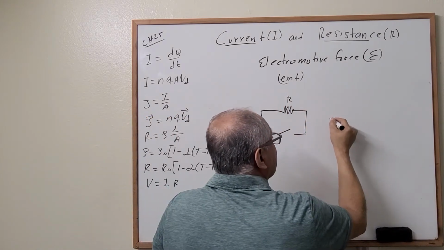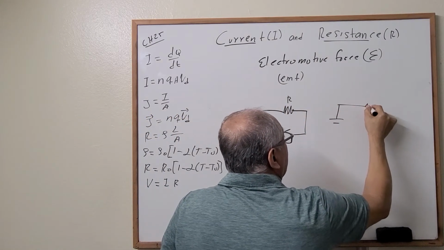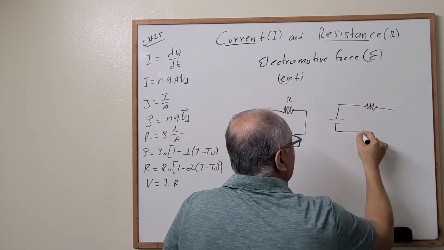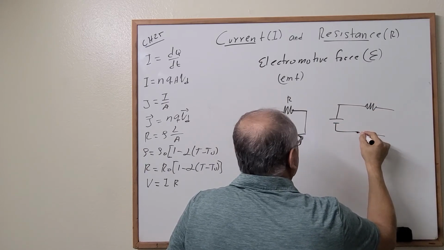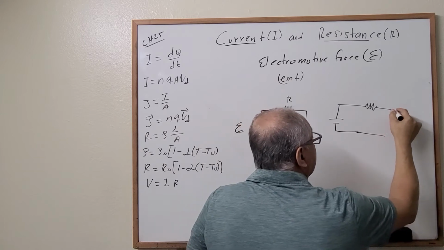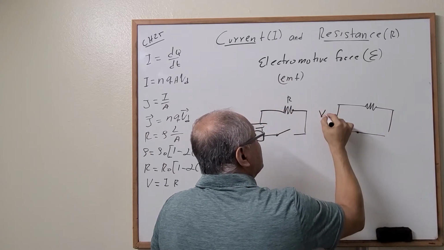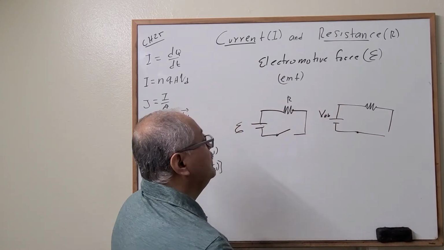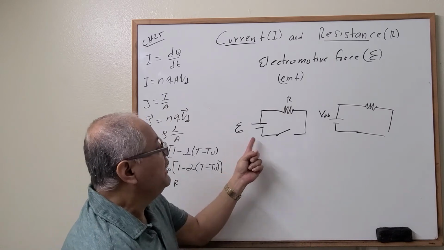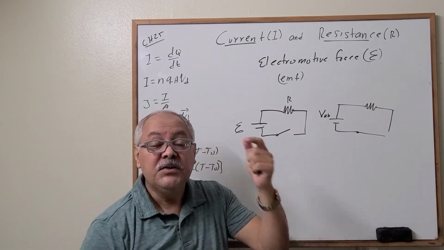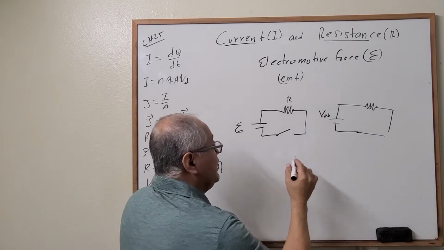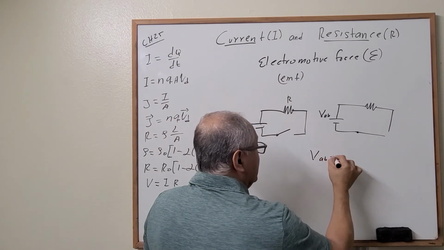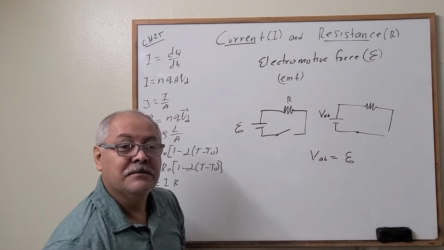Now, when we close the circuit, remember this is the resistor right here, we call this voltage, let's say V_B. In general, when the battery is an ideal battery, we can take that the voltage is actually the electromotive force.